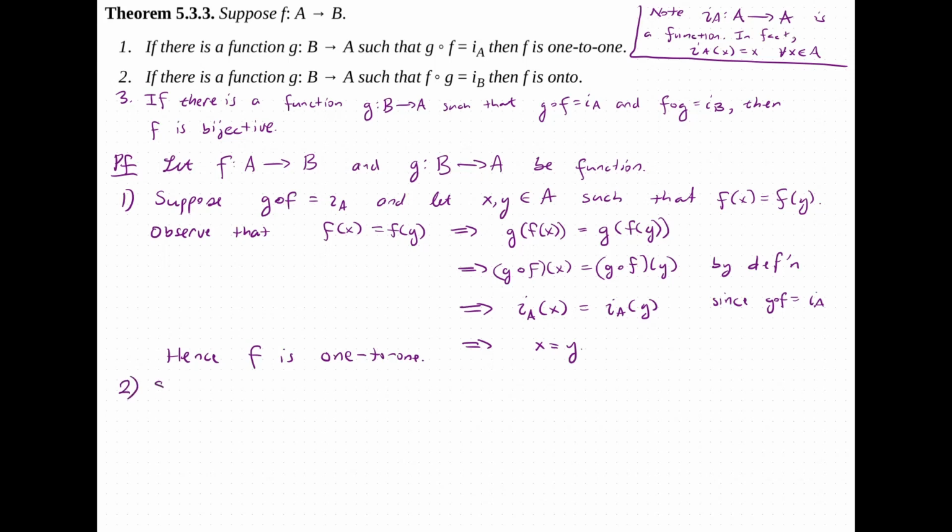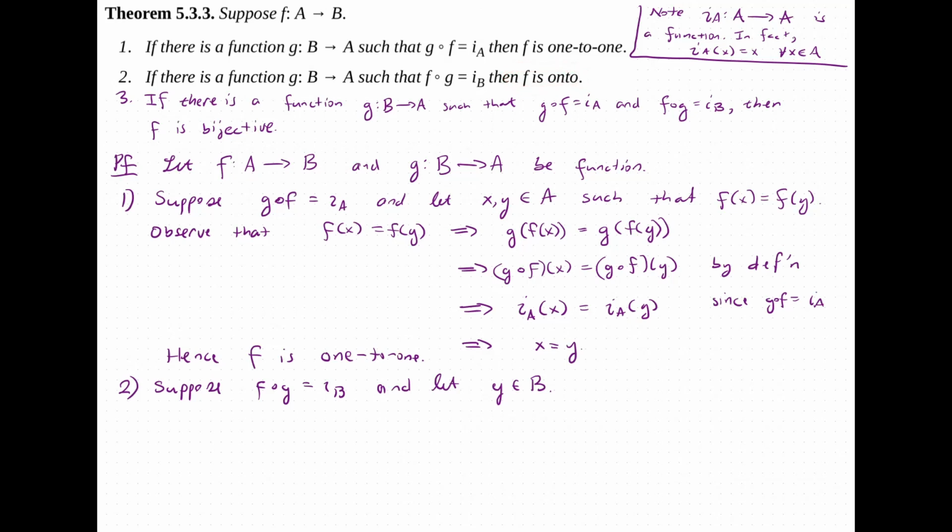So suppose that f compose g is equal to the identity on B, and let y be in B. And now what we want to do is prove that f is onto.